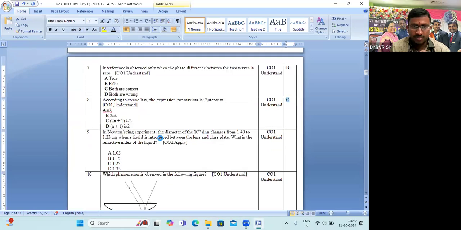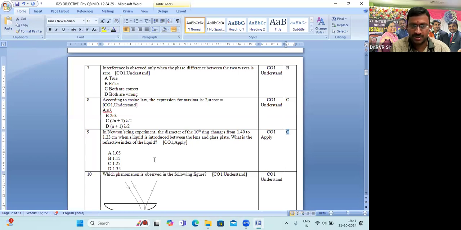Now, in Newton's rings experiment, the diameter of the 10th ring changes from 1.40 to 1.23. This is the numerical problem, as we already discussed in our regular class. So, already you practiced it, just check your running notes, then you will get the answer.